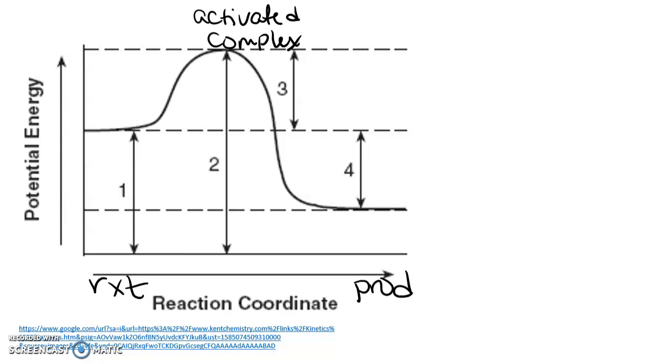If we were using pictures, you would be looking at something like these two separate particles added together. The activated complex is where they're all smushed together and collided. And then your products would be where you have them separated into a new type of product, a new substance.